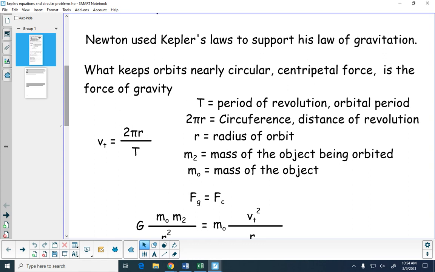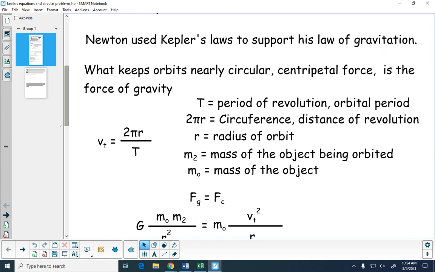But what we do have is a force of gravity that allows our planets to stay in a circular motion around the sun.